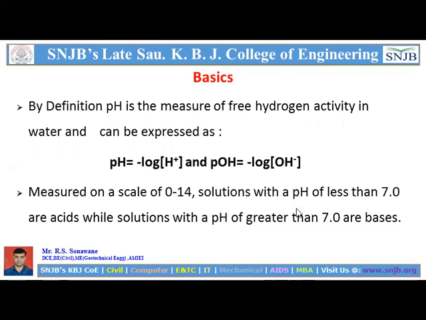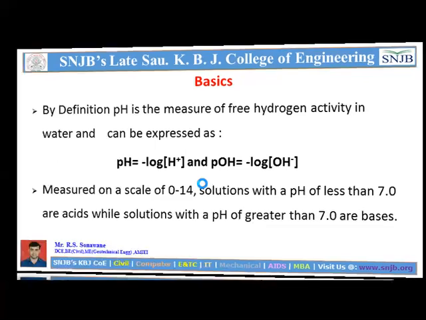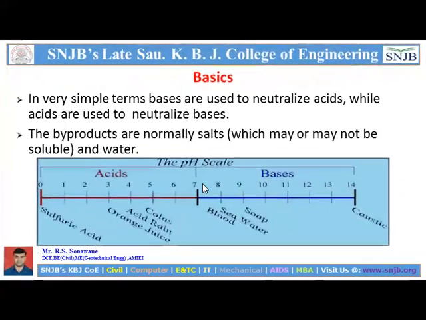Solutions with a pH of less than 7 are acid, while solutions with a pH greater than 7.0 are base, or alkaline water, and exactly 7 is neutral water. In very simple terms, bases are used to neutralize acid, while acids are used to neutralize base.